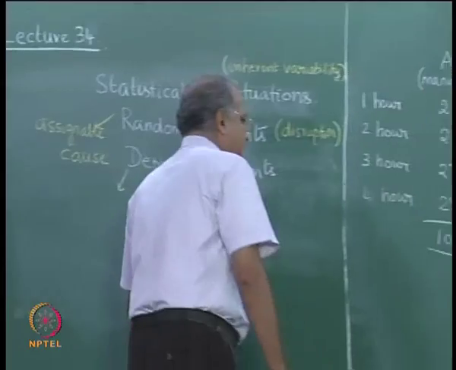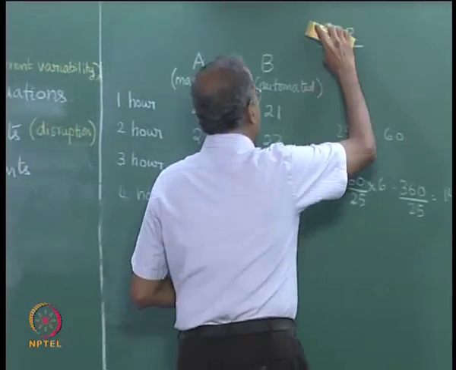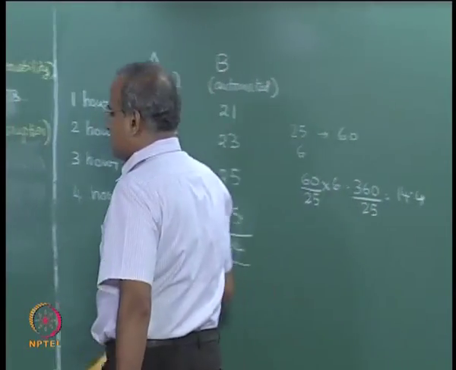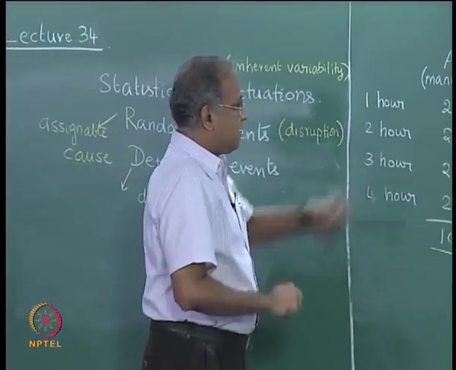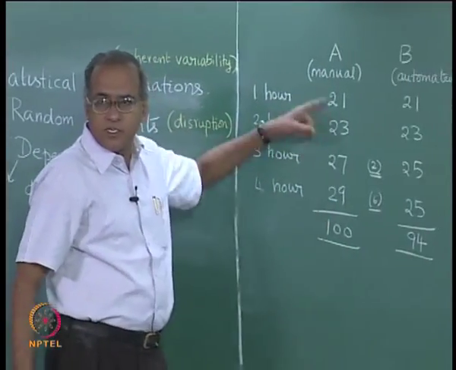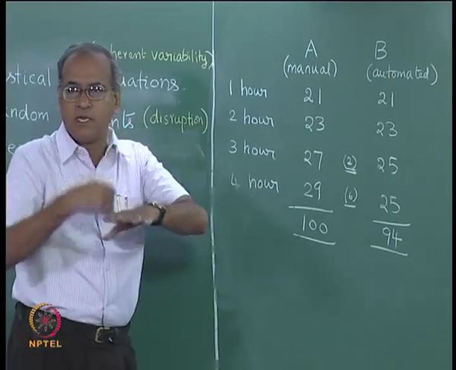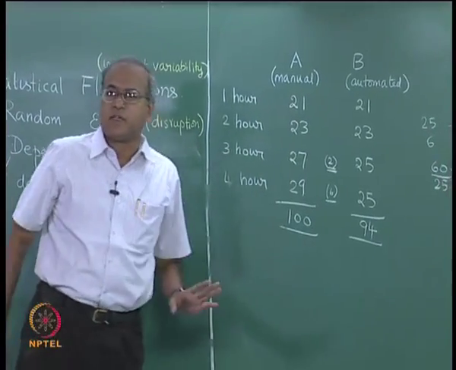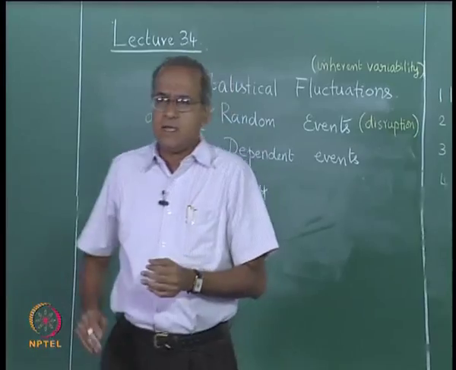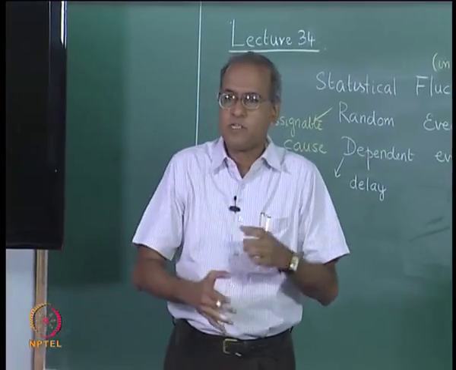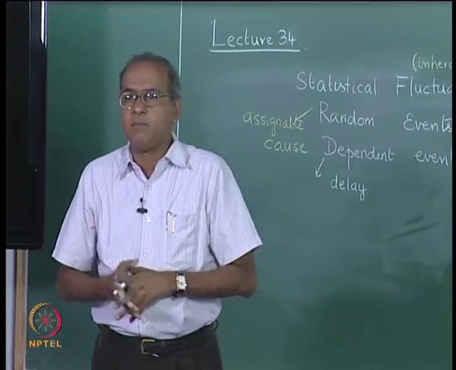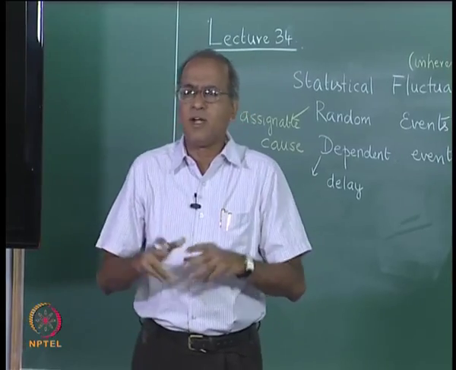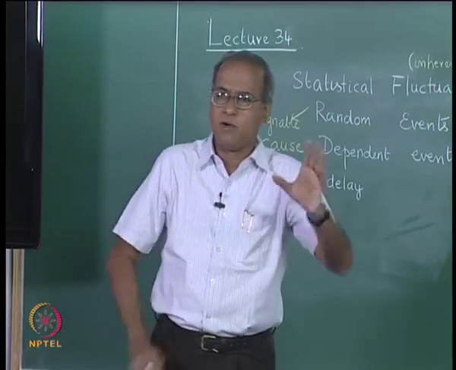Now, the effect of dependent events can be understood here. The effect of statistical fluctuations can be understood here. Now, this can be seen as a statistical fluctuation, 25 plus minus 4. We cannot assign it to any specific cause. We cannot even say that at the beginning the operator is expected to be slow, afterwards the operator will do it faster and so on, but other than that there is no assignable cause.